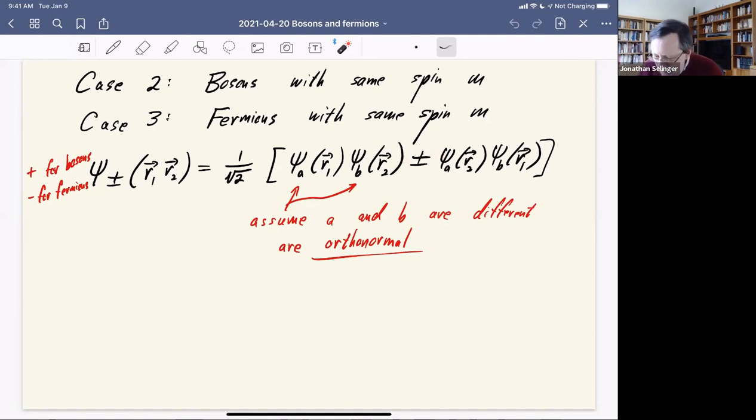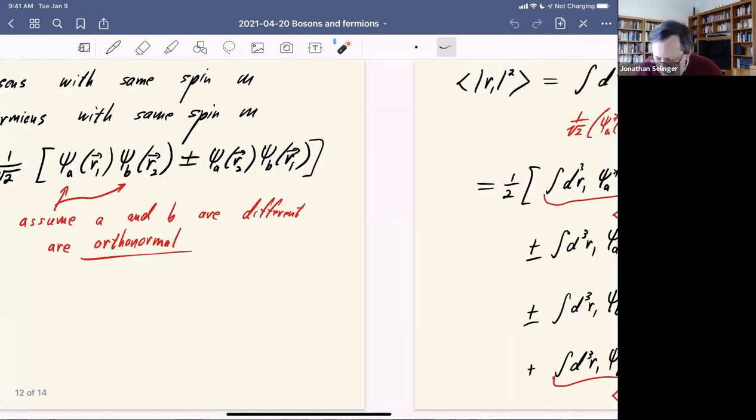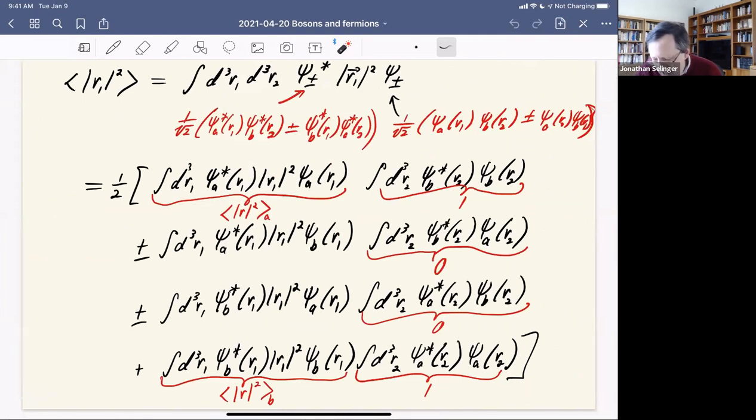Here's the calculation that we started yesterday. There's a calculation of R1 squared. This is our usual integral sandwich, where we have an integral over all the variables of the wave function complex conjugate times the thing that we're averaging times the wave function.